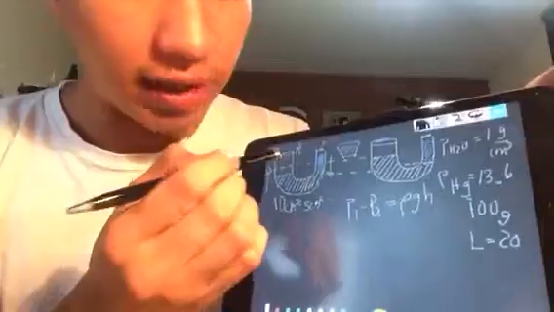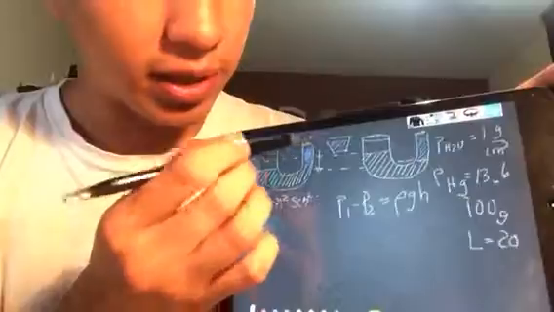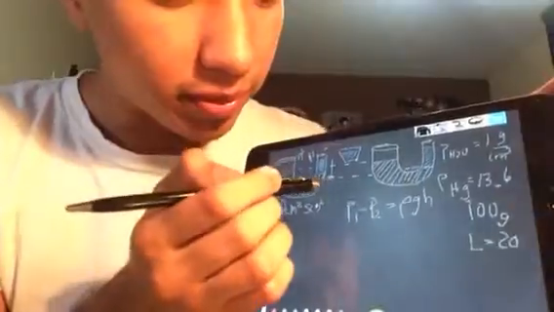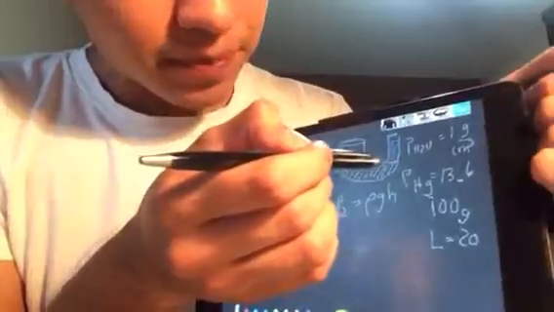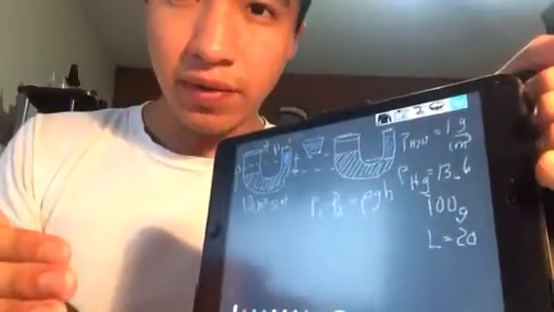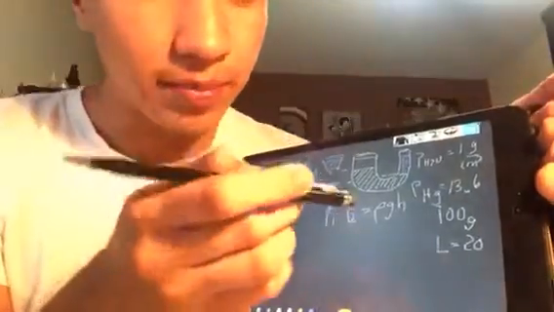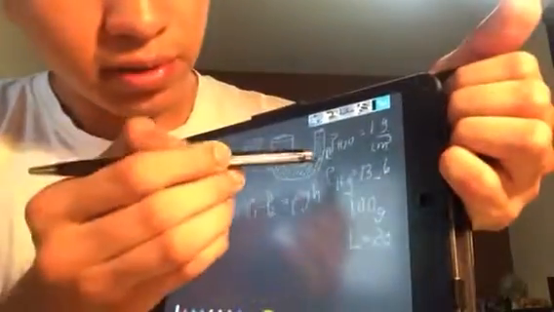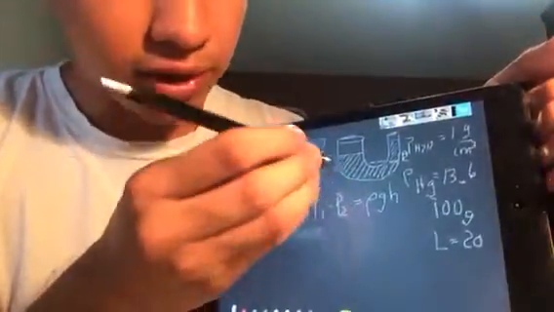Here we have a P1 in this part of the container, and in this other part we have also a P1. On this side of the container we're going to put P2, where it is the bottom of the volume that is being occupied by water, that before was occupied by mercury. So we're going to put P2 here in this part of the container, and in the other side we're going to put P2.